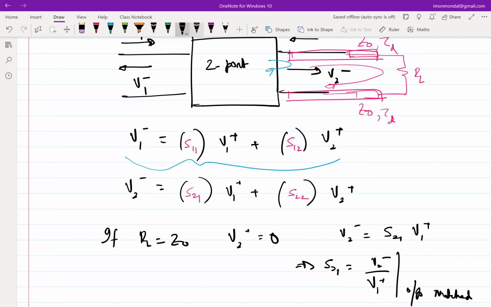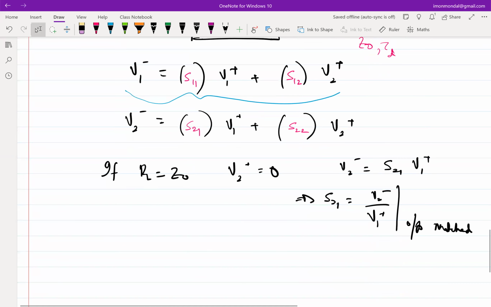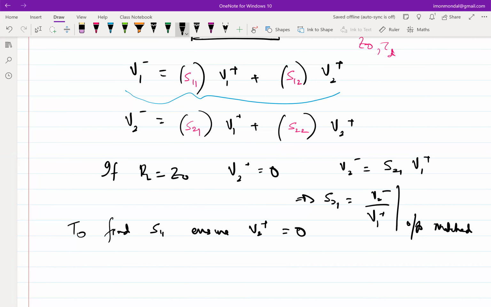So just to finish up the discussion that Andrew was alluding to. To find, let's say, S11, ensure V2 plus is 0. How do you ensure V2 plus is 0? Your output is matched.